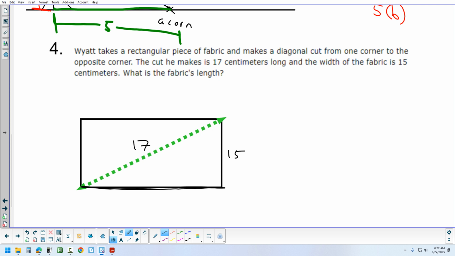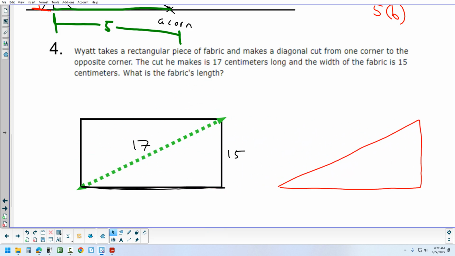So by cutting a diagonal, you've made a triangle. Your triangle is right there. And it doesn't matter whether you look at the top half or the bottom half, it's the same triangle. All right. So we know that the diagonal is 17 centimeters.